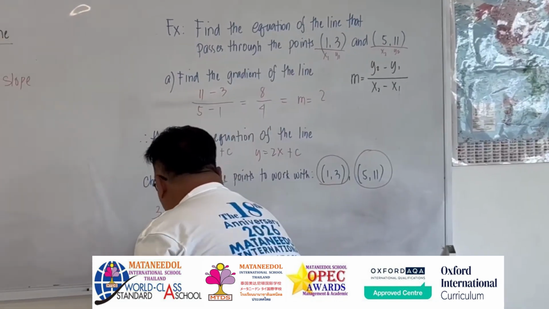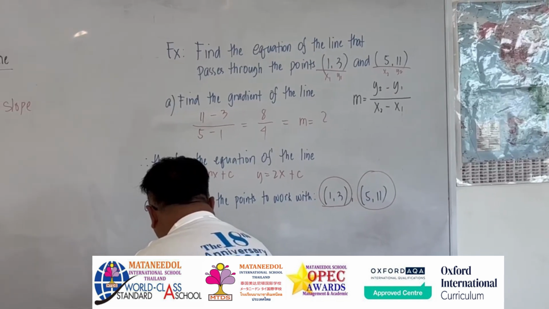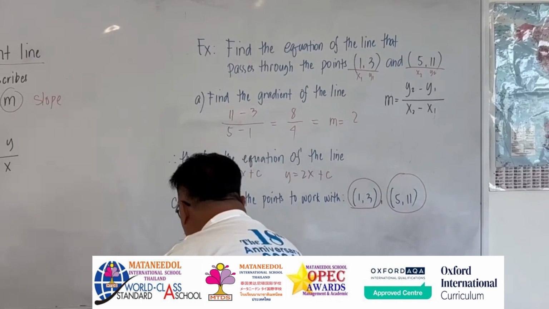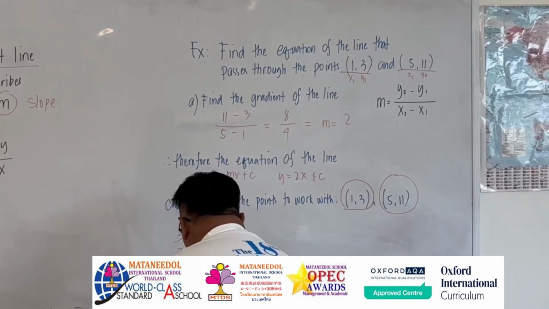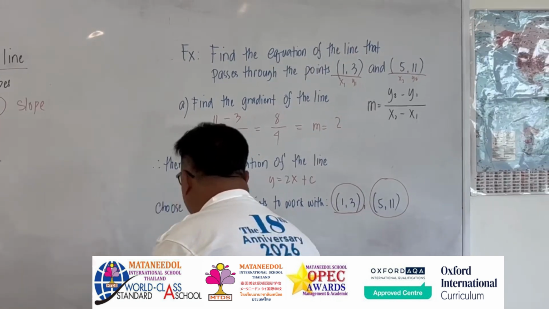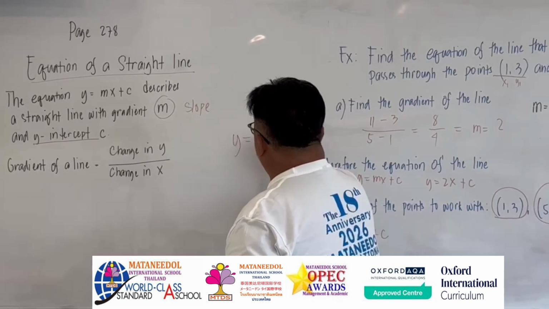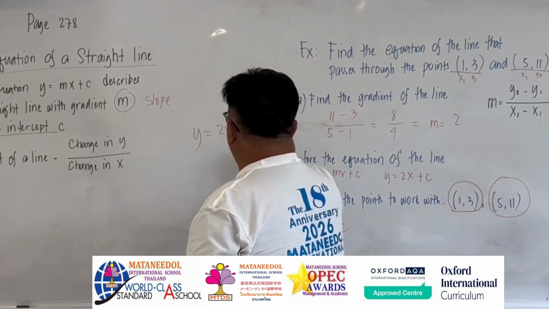And then we have to simplify. 3 equals 2 plus c. Transpose 2 to the other side, we have 3 minus 2 equals c. Therefore, our answer c is equal to 1. And the final equation that we have is y is equal to 2x plus 1.